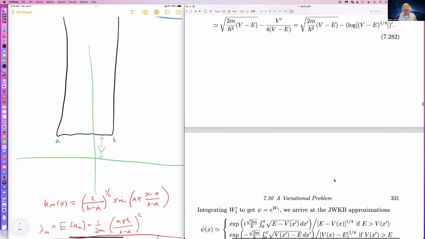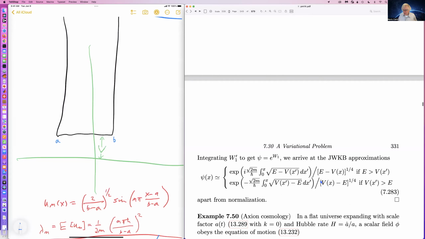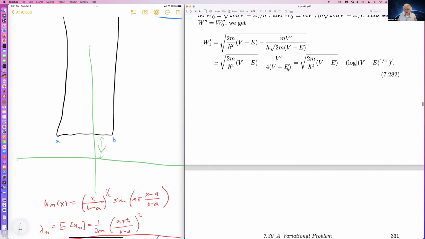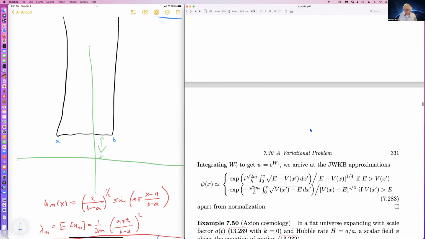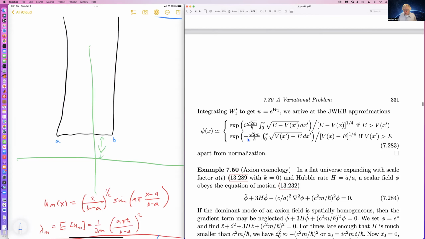Anyway, once we integrate that, we get either V minus E or E minus V to the 1/4, apart from an overall factor of i. And then we have to integrate this thing, which is either i or minus sign of this square root.